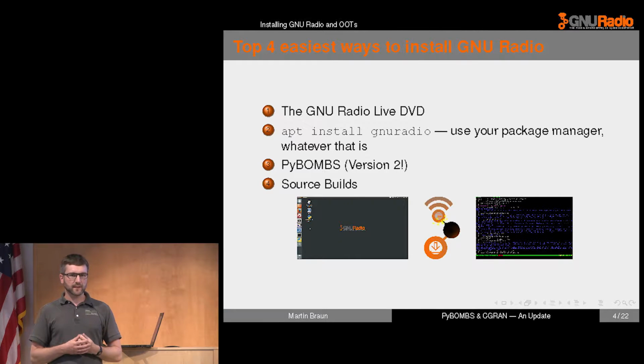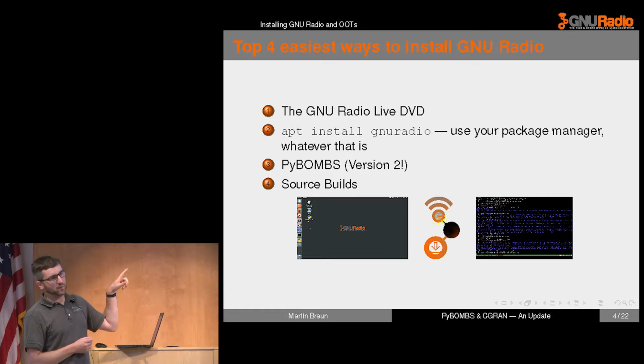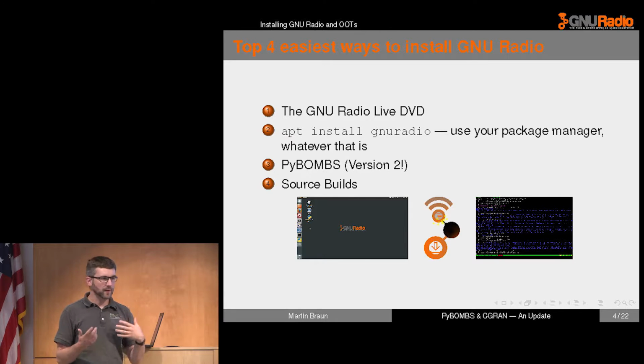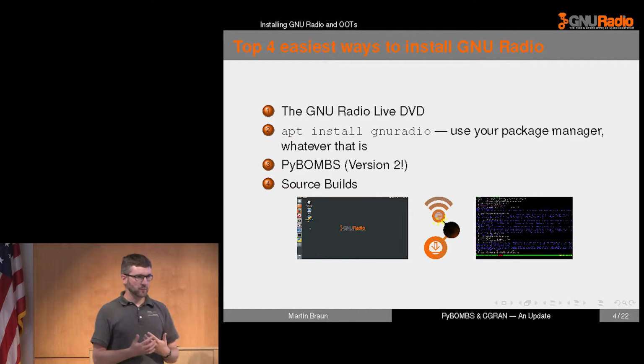Someone asked me yesterday and said, this is confusing. I don't know which one of these to pick. And it really shouldn't be hard to pick. Basically, you should start from the top and then pick one of those until it suits your needs. So clearly, if you use the live DVD, you will not be able to update your system, right? So if you want some kind of persistence, this is not going to work for you. So you go to the next one, try apt-get install GNU Radio.